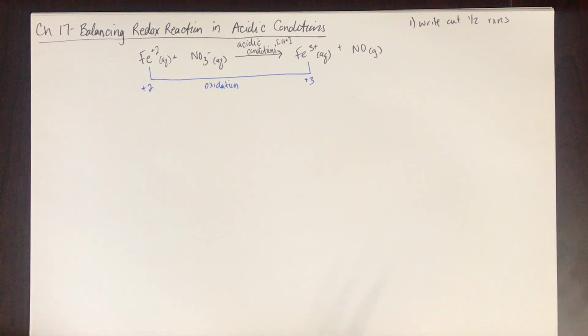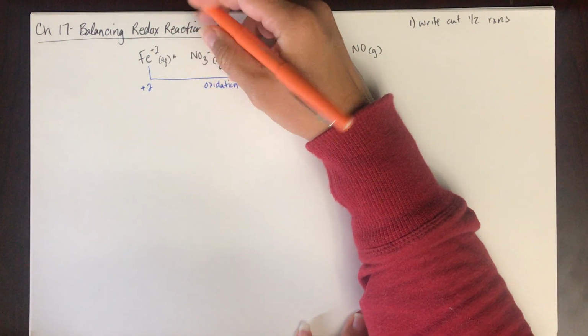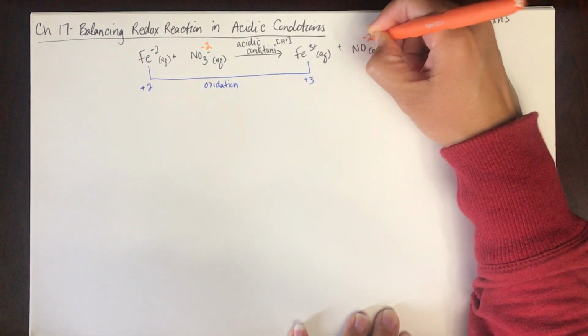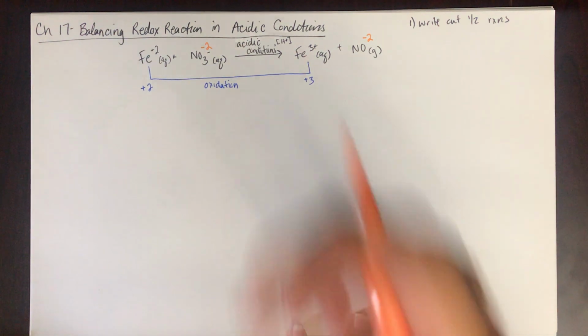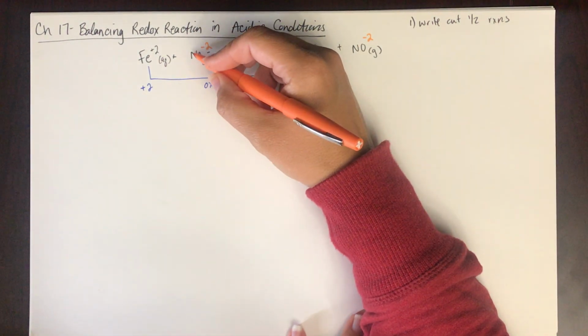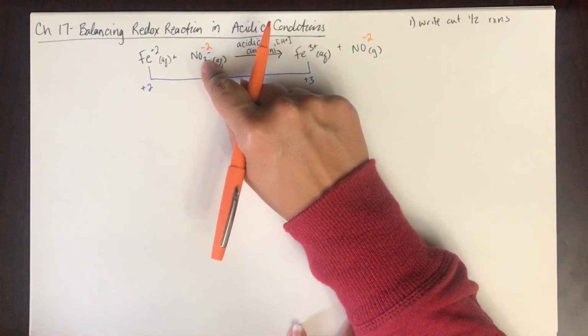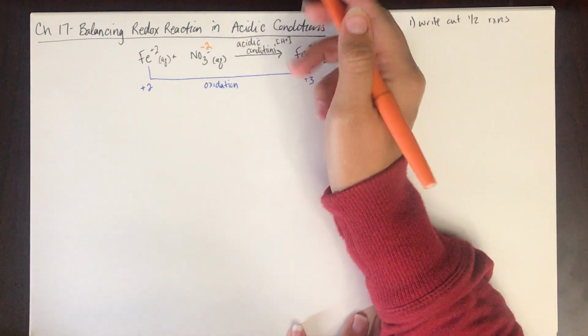So we can figure out what the oxidation number of nitrogen is based on the sum of the charge of the compound or ion. I know the charge of oxygen is -2. Oxygen is not going to be oxidized or reduced. Its oxidation number never changes. So what is the charge of nitrogen if the overall charge of this polyatomic ion, nitrate, is -1?